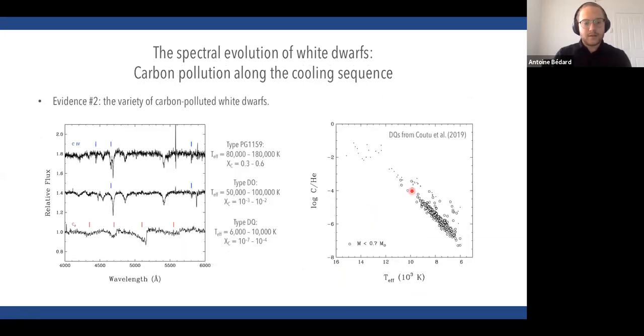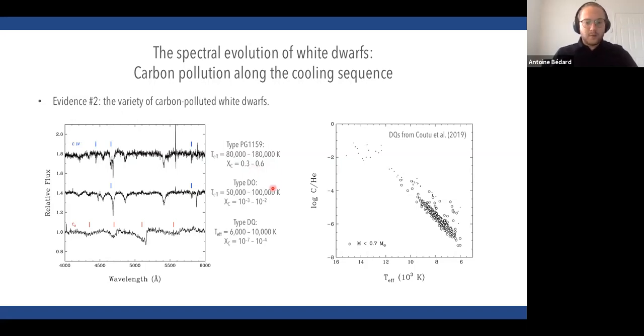Another piece of evidence of spectral evolution is the carbon abundance pattern of helium-rich white dwarfs along the cooling sequence. In the zoo of carbon-polluted white dwarfs, we have several types of objects. First, there are the PG 1159 stars, which are extremely hot and extremely carbon-rich. They have typical mass fractions of about 0.5.